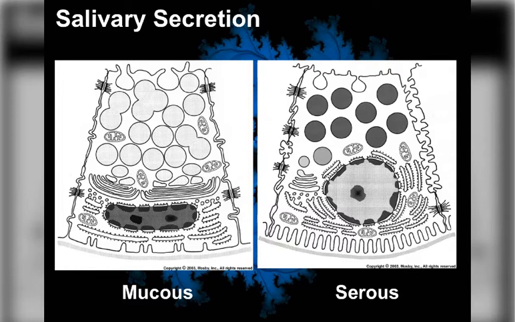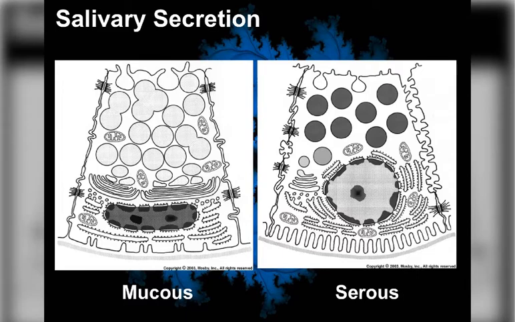Here we have a drawing for a mucus cell and a serous cell. We notice the differences here. The serous cell has a round nucleus. Mucus cell has a flat nucleus.